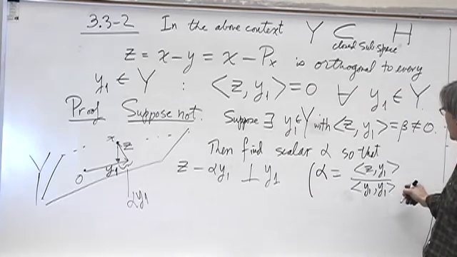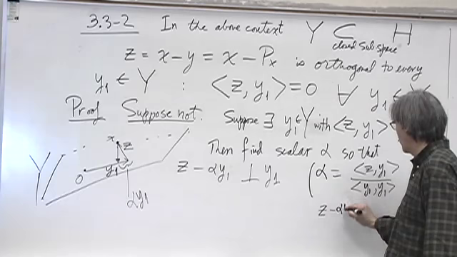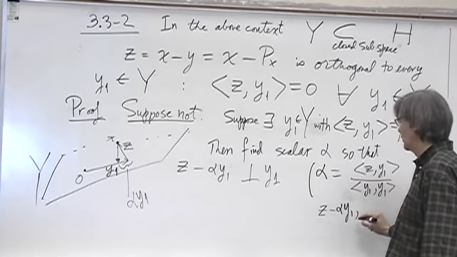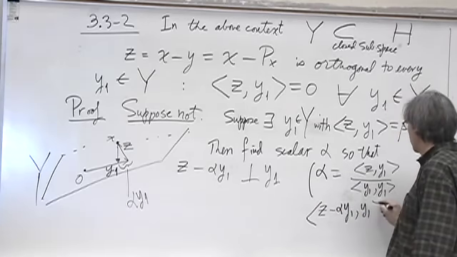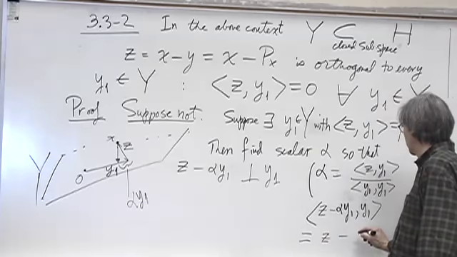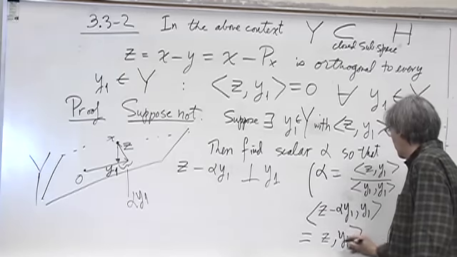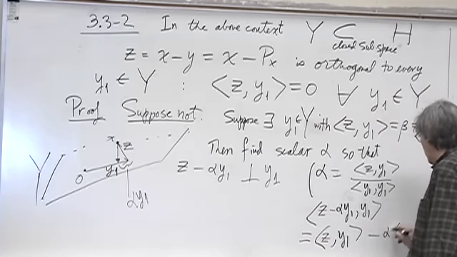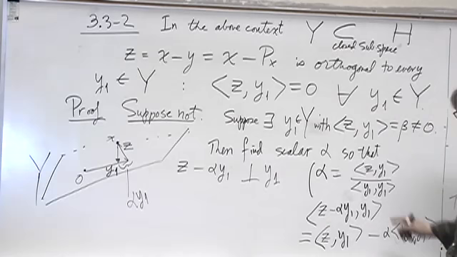If I take z minus alpha y1 and take the inner product with y1, that'll be equal to the inner product of z with y1 minus alpha times the inner product of y1 with y1. And by the way I defined alpha, that's just going to be the inner product of z with y1 minus the inner product of z with y1, equal to 0.